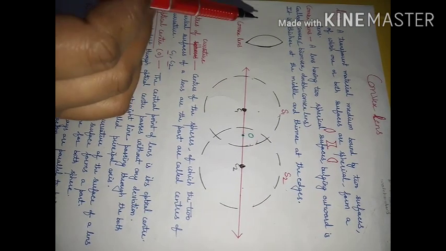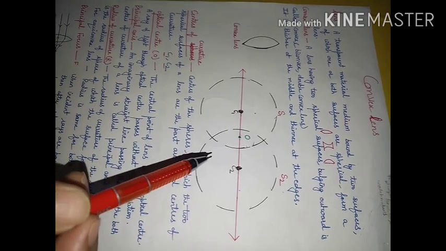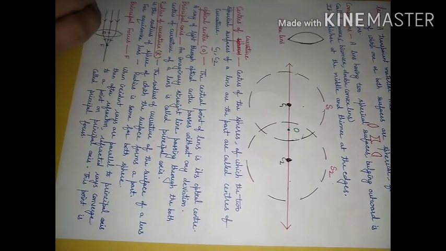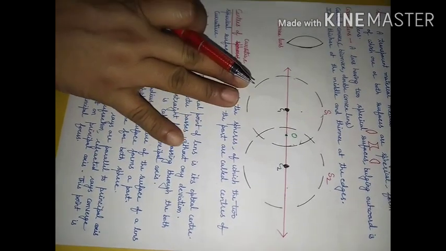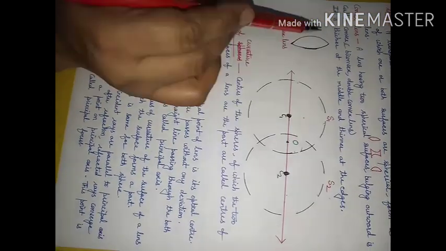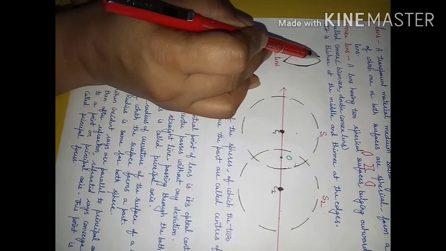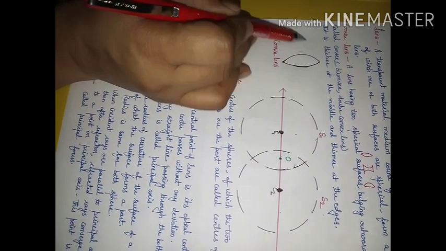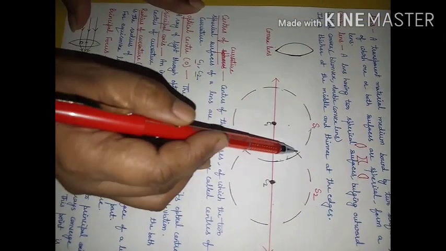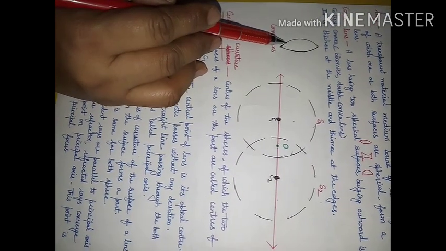Now a few definitions or terms we have to consider related to the convex lens. The first term is center of curvature. How to define center of curvature? For this, consider this representation of a convex lens. When I consider this part of the lens, we actually have a solid sphere here, and I have represented this sphere as S1. Actually, this lens is a part of two spheres.